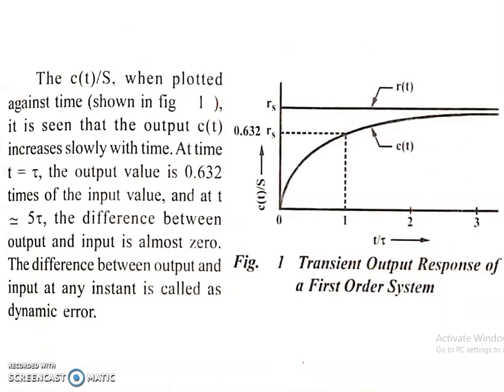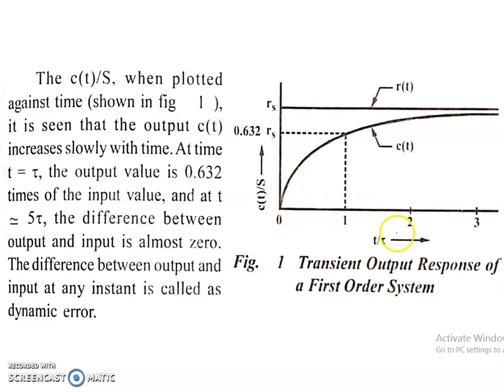If we make a graph between C(t) by Cs and t by tau values, we will have a graph like this. The value of C(t) increases as the time increases.